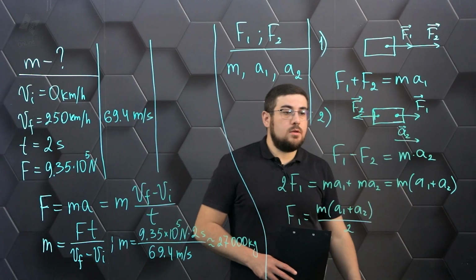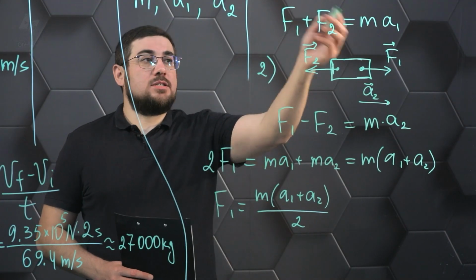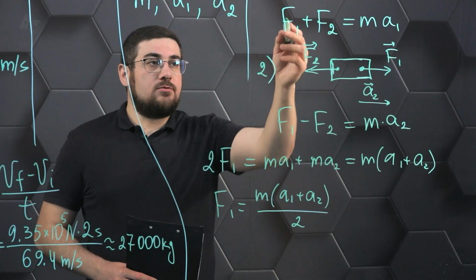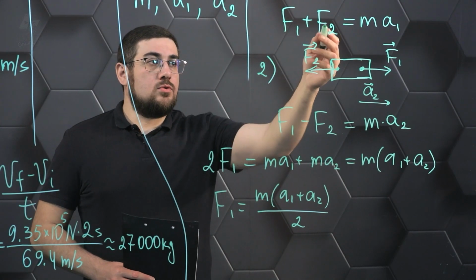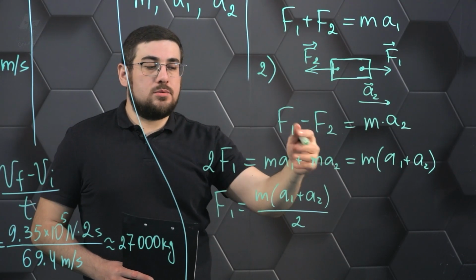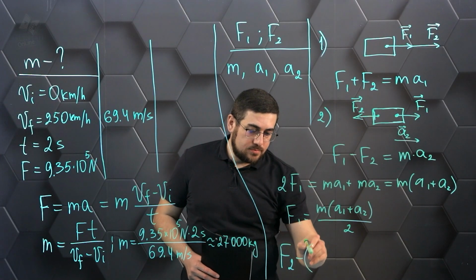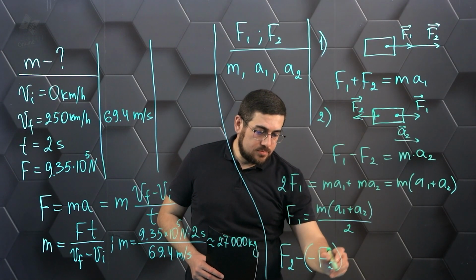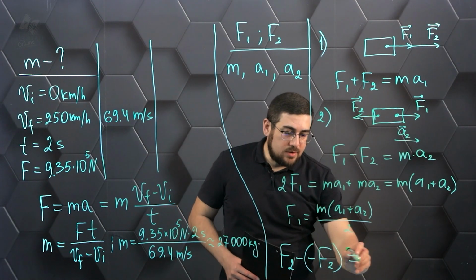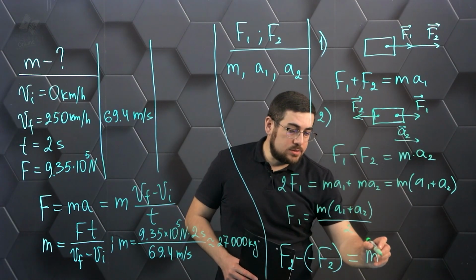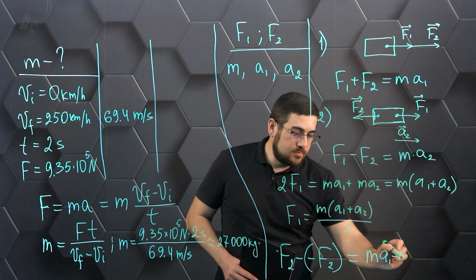F1 equals m times (a1 plus a2), divided by 2. For the second case, we now subtract the second equation from the first. F1 cancels out. F2 here gets a minus sign before the minus, so let's write it down like this. On the right hand side we get the difference of these expressions.